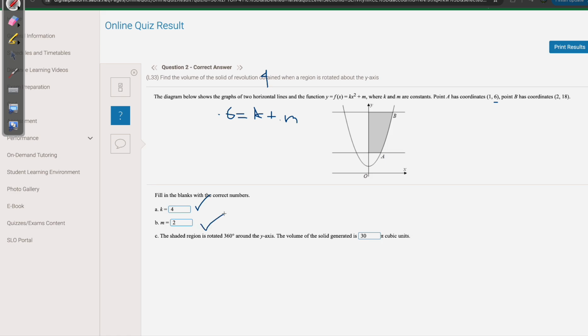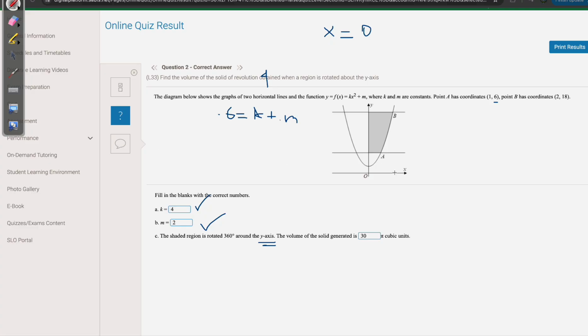The shaded region is rotated 360 degrees around the y-axis. The y-axis is gonna come into play later. I'll explain why. Since the y-axis itself is x equals 0, every time you see the y-axis, like if it's rotated around the y-axis, we're gonna have to interchange to make it x is equal to whatever.